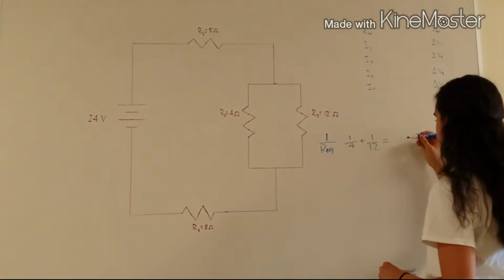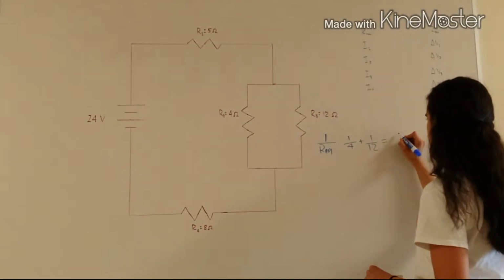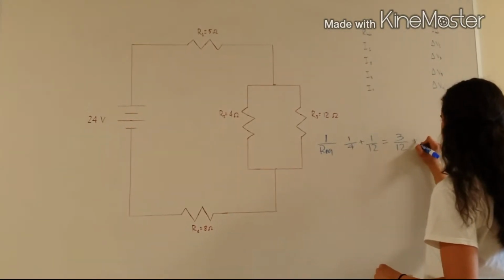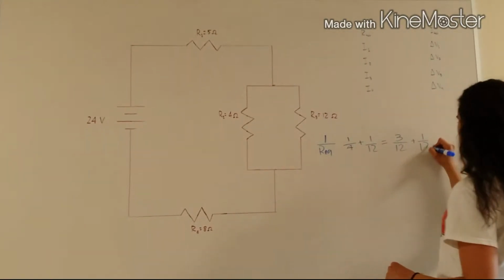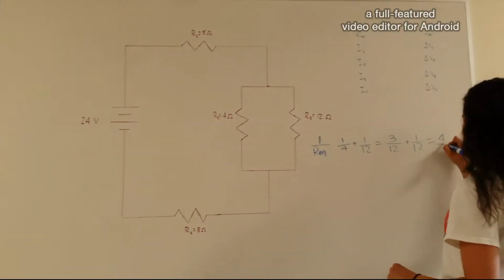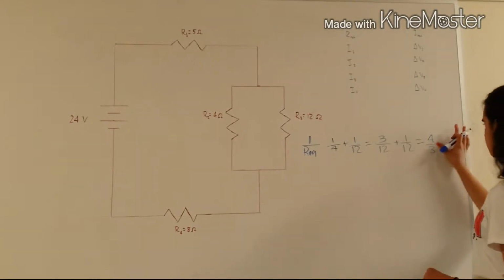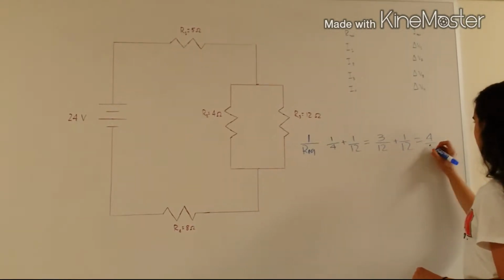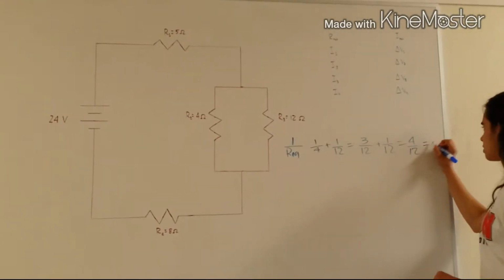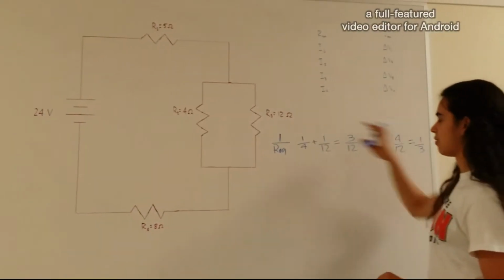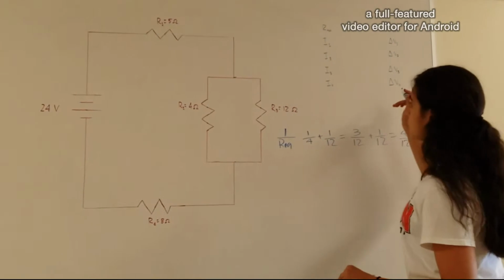So 1 over 4 is the same thing as 3/12, plus 1/12 is equal to 4/12, and 4/12 is equal to 1/3. So the equivalent resistance of this area is equal to 3.